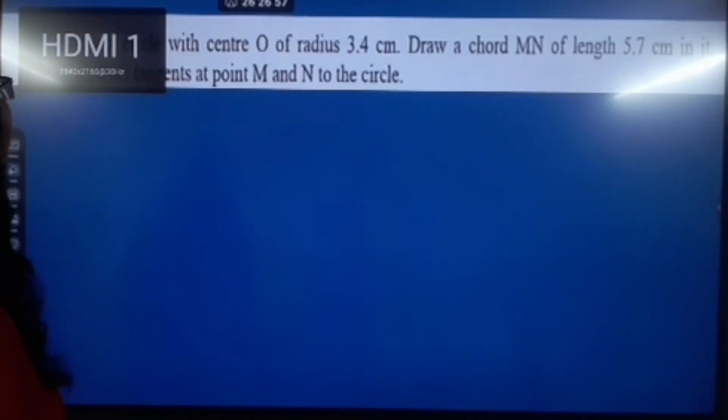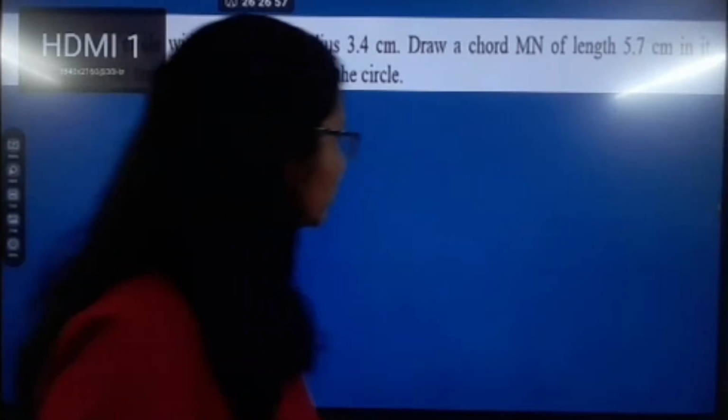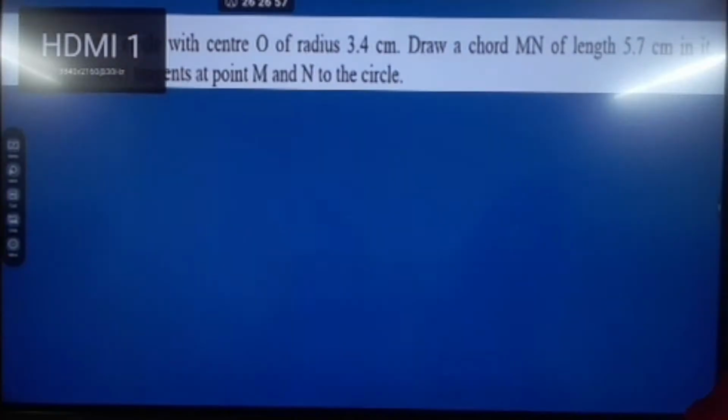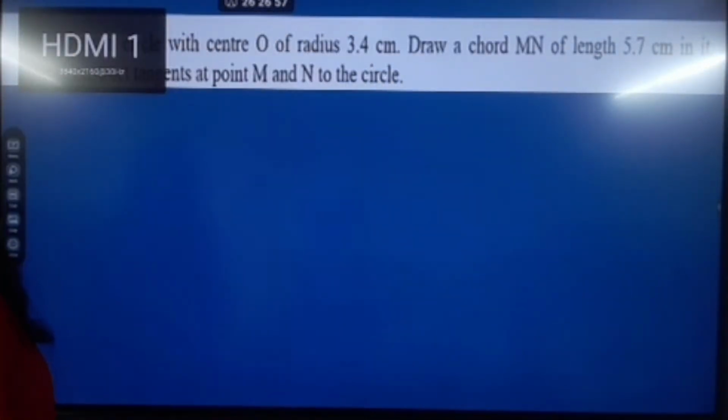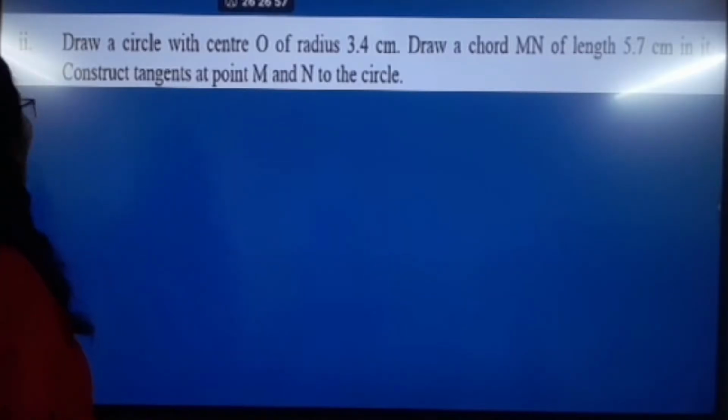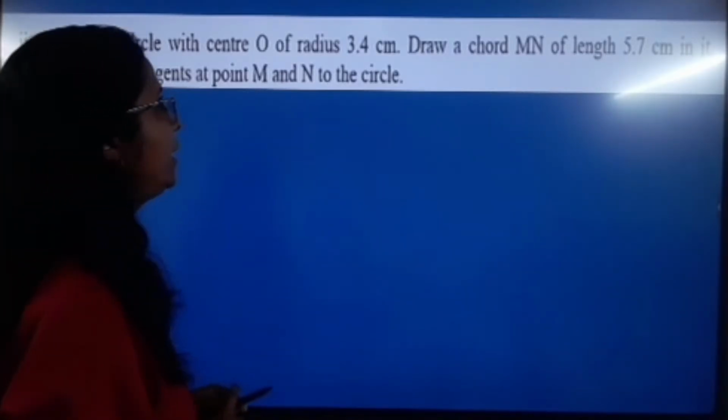The next example is: draw a circle with center O of radius 3.4 centimeter.